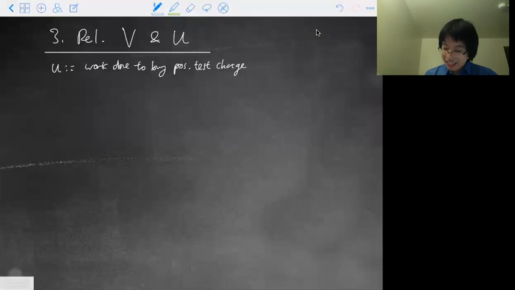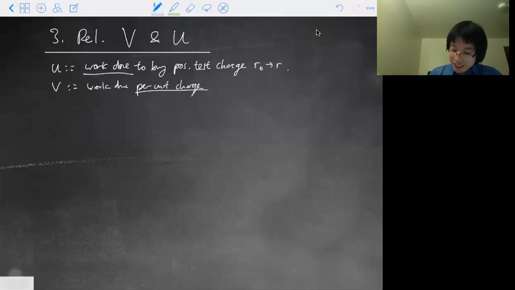The key word is work done, and then the fine print is to bring it from a reference point to R. Here, it's the work done per unit charge. That's the extra bit, and then it's the same thing to bring a positive charge from the reference point to there. So this is in words, how about in the equation? One looks like this.